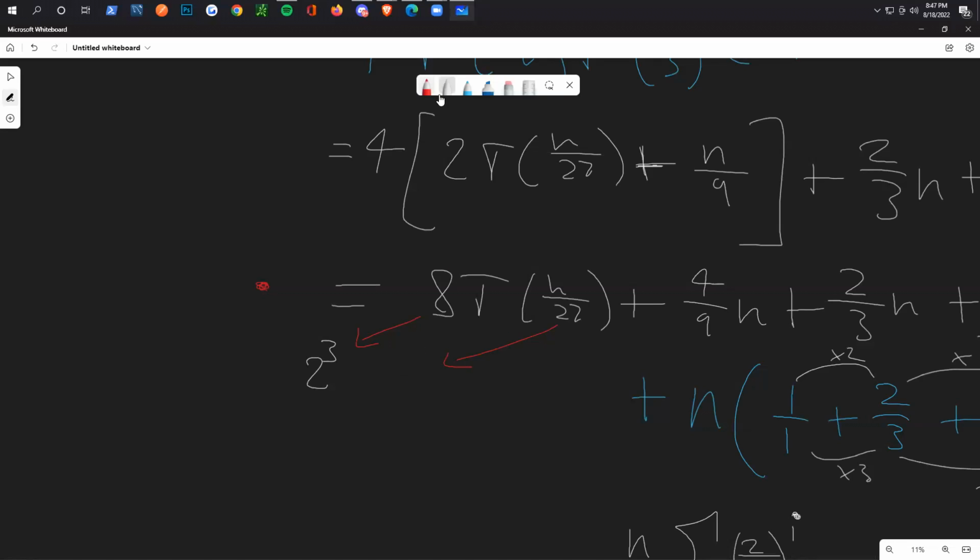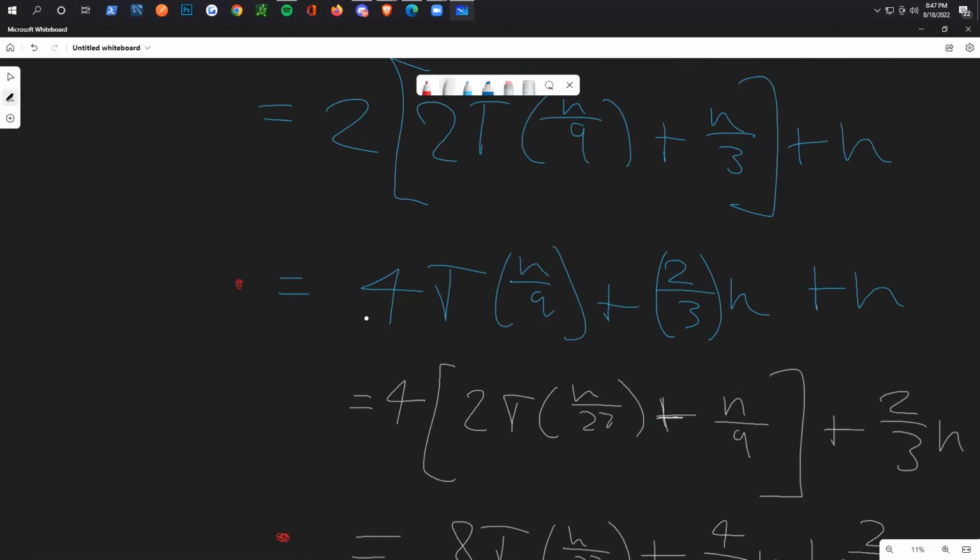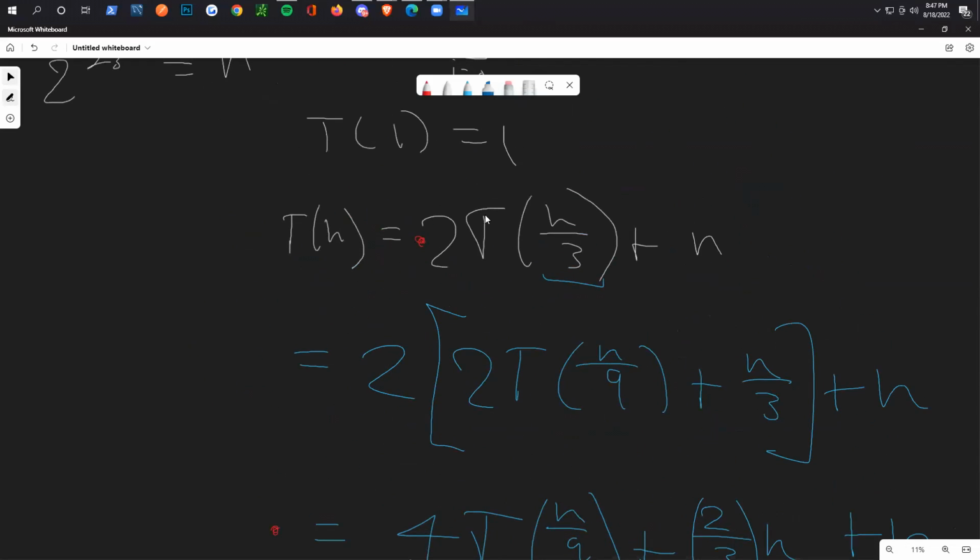So this is just 3 to the 3. And let's just go back to these red dots and just see if we can find anything. So this is just 2 to the 2. This is 3 to the 2. And same thing up here. Let's do it one last time. 2 to the 1, 3 to the 1.